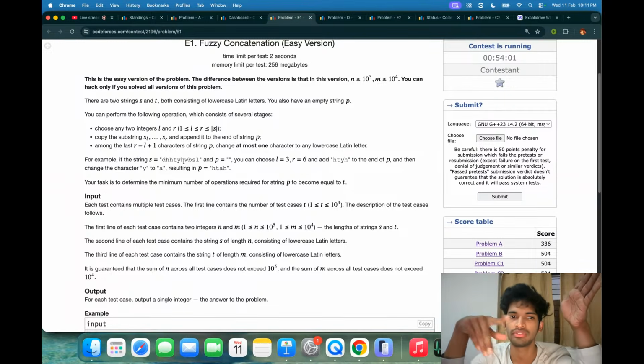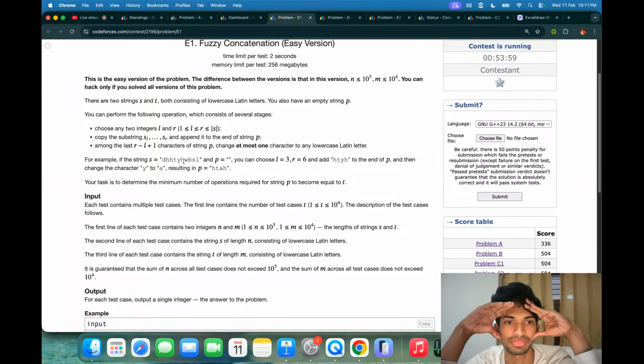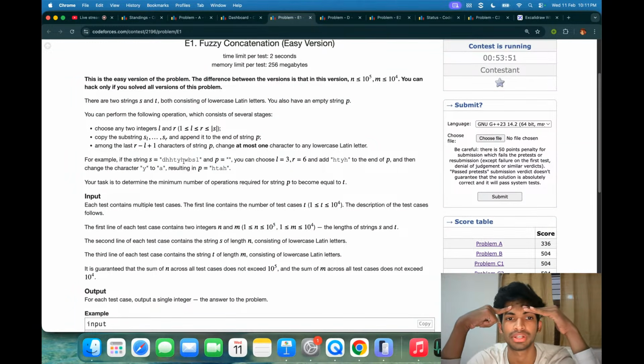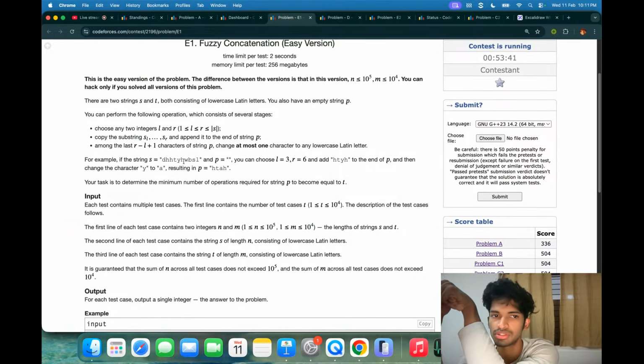Can you say the more the length, it is better? Let's say for P, the last substring, the longer it is, is it better? Because you can always chop off some string that you're choosing, right? So the longer it is, better, I guess, because you can always do lesser things.